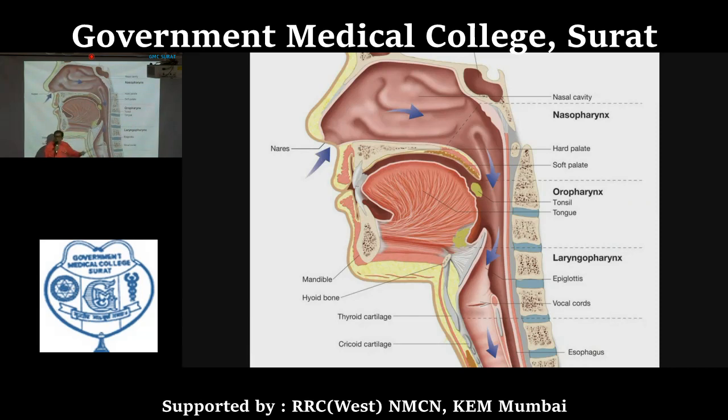This communication is known as the pharyngeal isthmus. The boundary of this pharyngeal isthmus is important because this isthmus is going to close during deglutition to prevent the passage of the bolus into the nasal part of the pharynx.